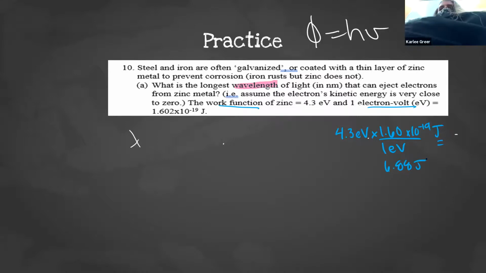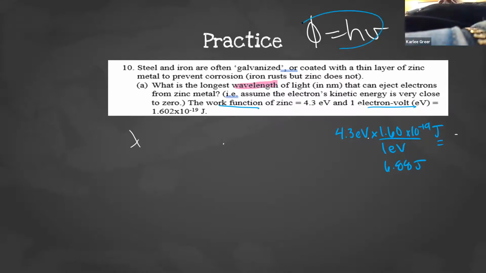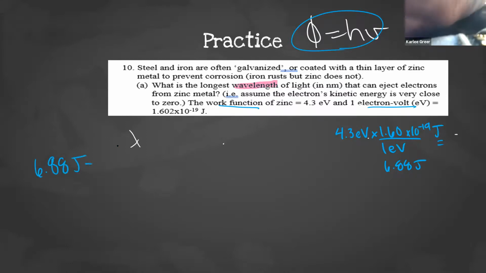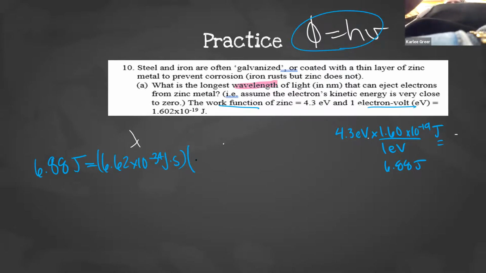Now I can plug this into the equation at the top, so this is my work function. So 6.88 joules equals h, which we know is 6.62 times 10 to the negative 34th joule seconds, times frequency. We don't know the frequency yet, so the first part is to solve for frequency.